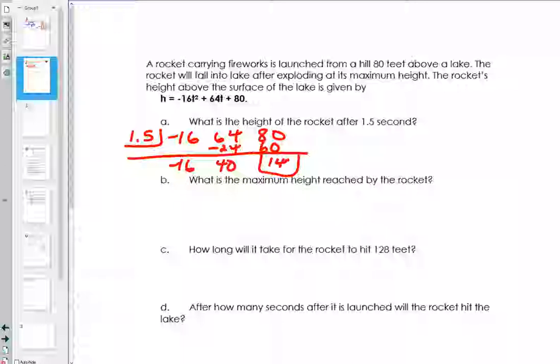So this is going to be 140. I got 140. You know if anybody disagrees. And height is being measured in feet, so 140 feet. If you don't understand what I did and you feel like plugging in the 1.5 and doing order of operations, you have my blessing. I have no problem with that.